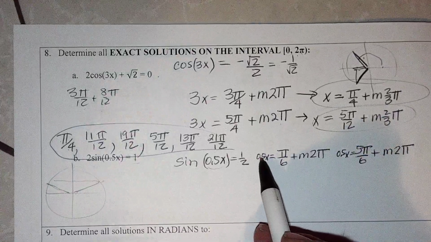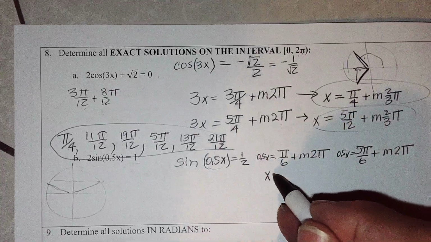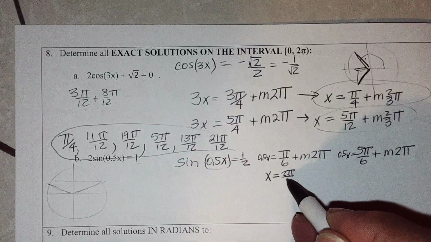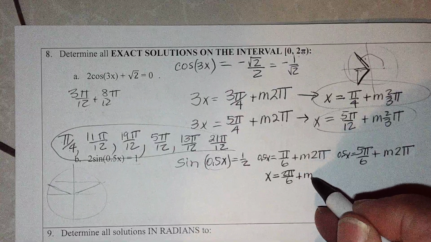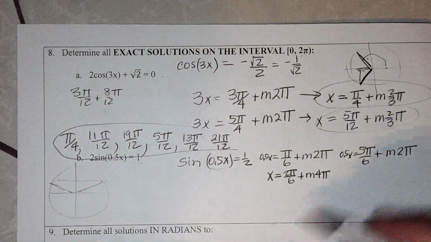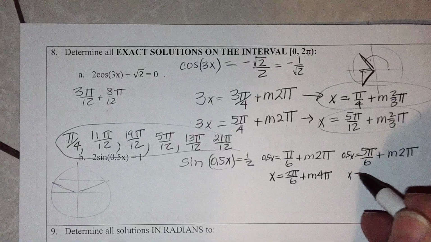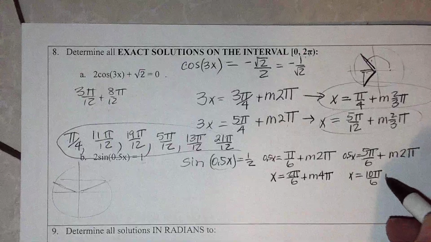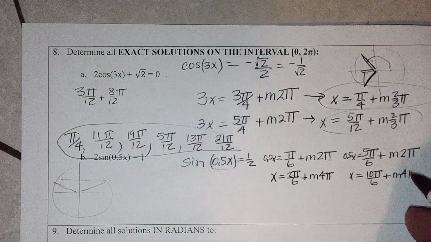Well, that's 1/2, so to get rid of the half, I have to multiply by 2. So x in general is 2 pi over 6, or pi over 3, plus multiples of 4 pi. Or, multiplying by 2 here to get rid of the half, x is going to be 10 pi over 6 plus multiples of 4 pi.